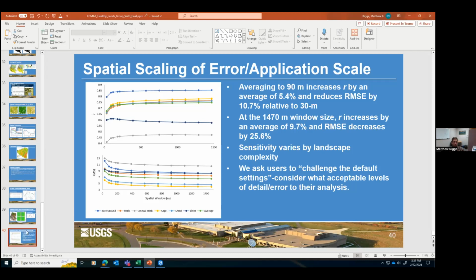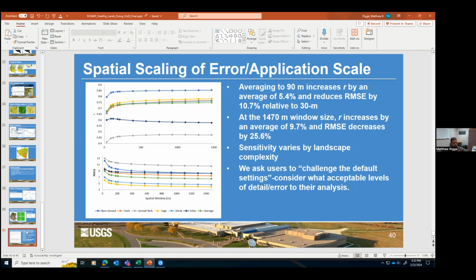That would be unfair to do so. It would be a poor characterization of the variability in that pasture. The more observations you get from the field within that pasture, the more representative you are. And that same kind of concept holds with remote sensing data as well.